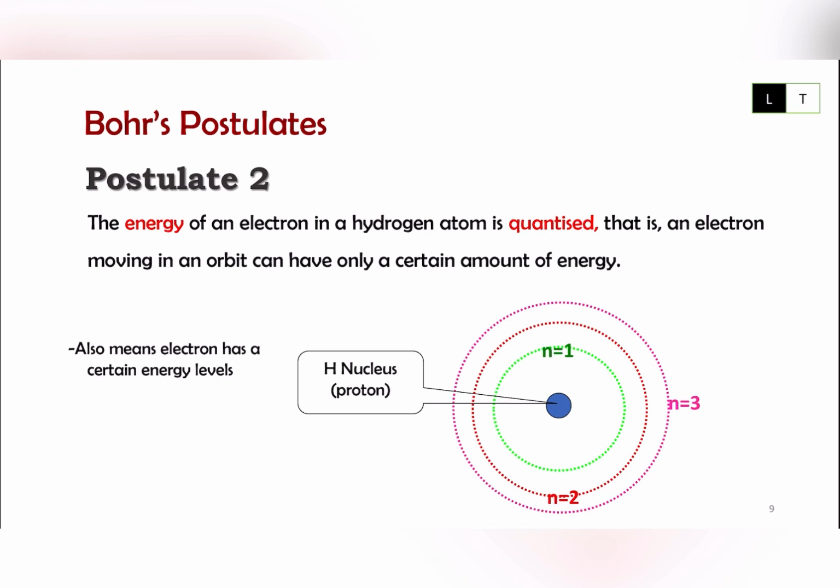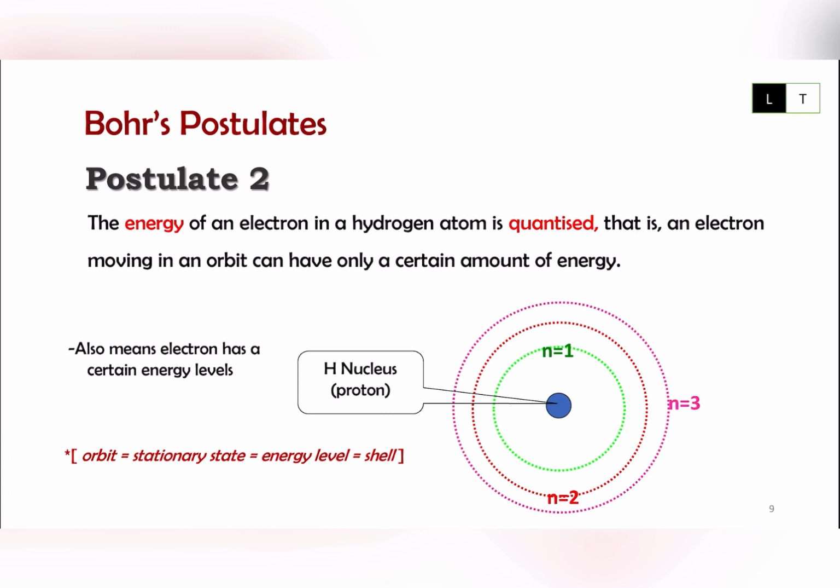So we are going to use this term energy level quite often in this chapter. How do you want to understand the different terms? We've heard about orbit. It is the same thing as stationary state, the same thing as energy level, and the same thing as shell. If you hear these terms, they are all referring to the same thing.